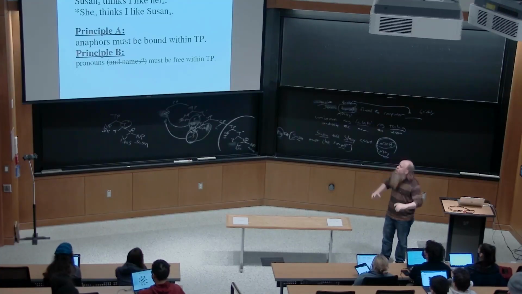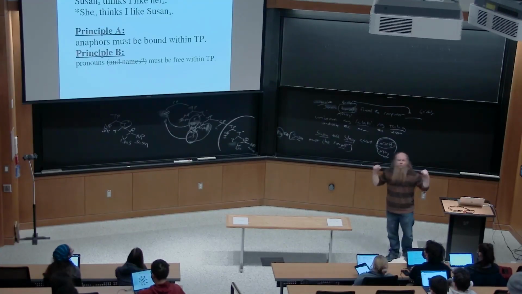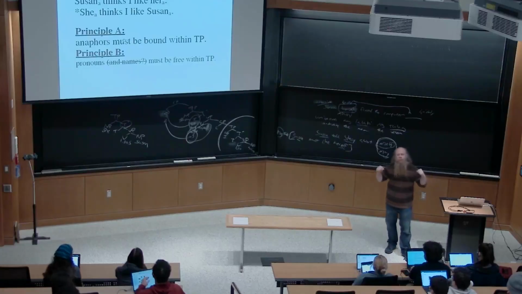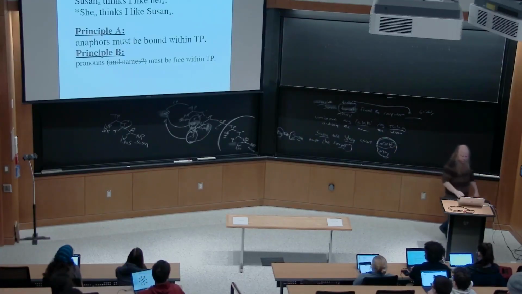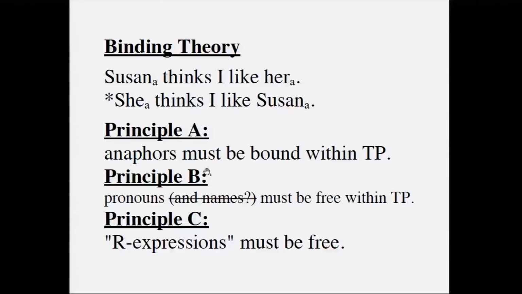Susan requires absolute freedom, freedom everywhere. Pronouns just need to be free within a certain domain, within TP, let's say. But a name like Susan needs to be free everywhere. The fact that Susan is bound by she in that second example means that the sentence is bad. It doesn't matter that they're far apart.